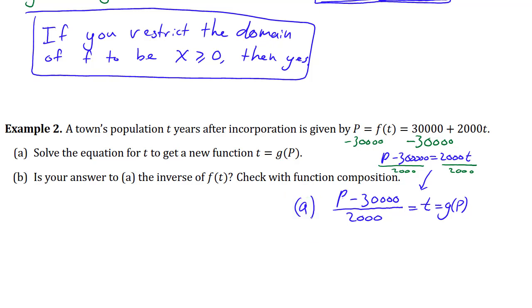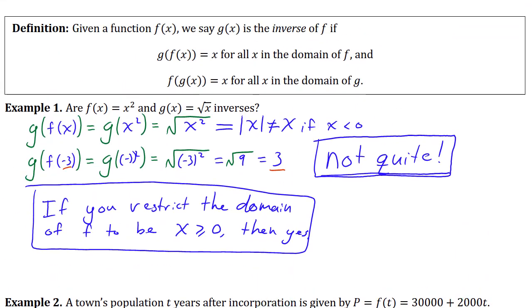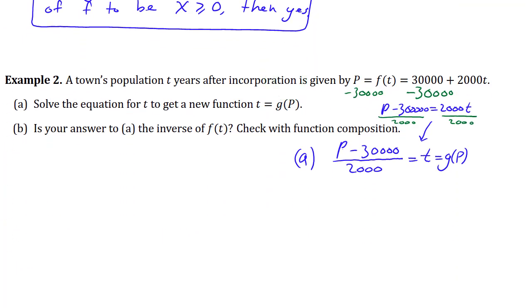Part B, we want to see, is this answer the inverse of f of t? Well, let's see. If it's the inverse, this should be true. We should be able to compose these and have them cancel each other out. So let's do g of f of t and see what happens.